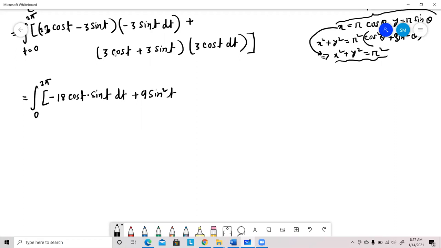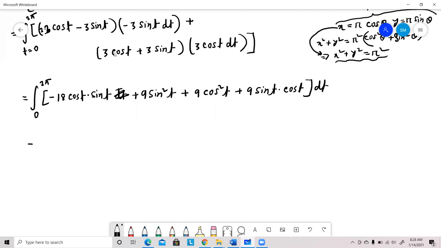We take common dt for every term since every term carries dt. For the second term we get 9 cos square t dt, and from the final term we get 9 sin t cos t dt. Finally we take common dt.